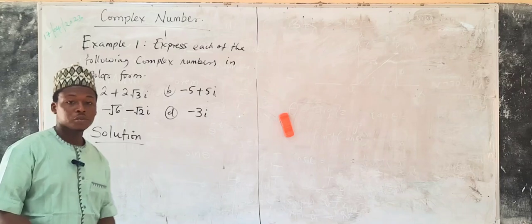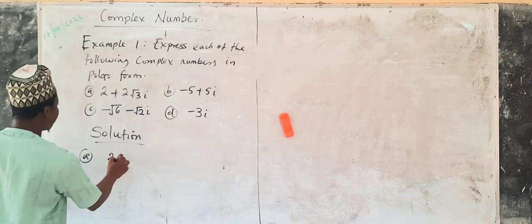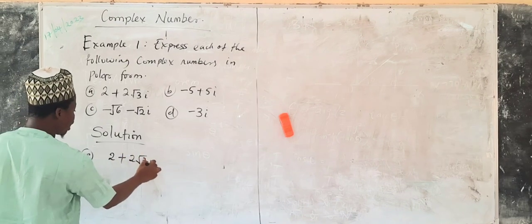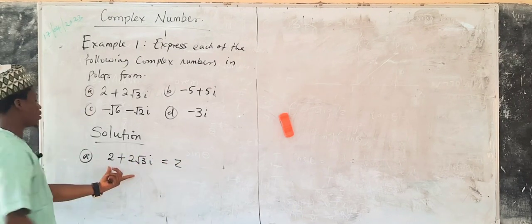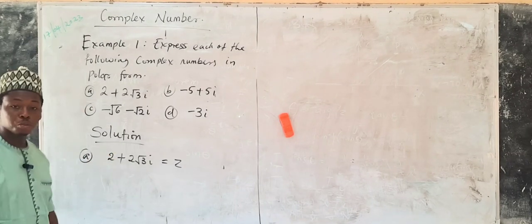So here, for the first part, this is the complex number 2 plus 2 root 3i, and this is in Cartesian form. So our aim is to represent this in polar form.